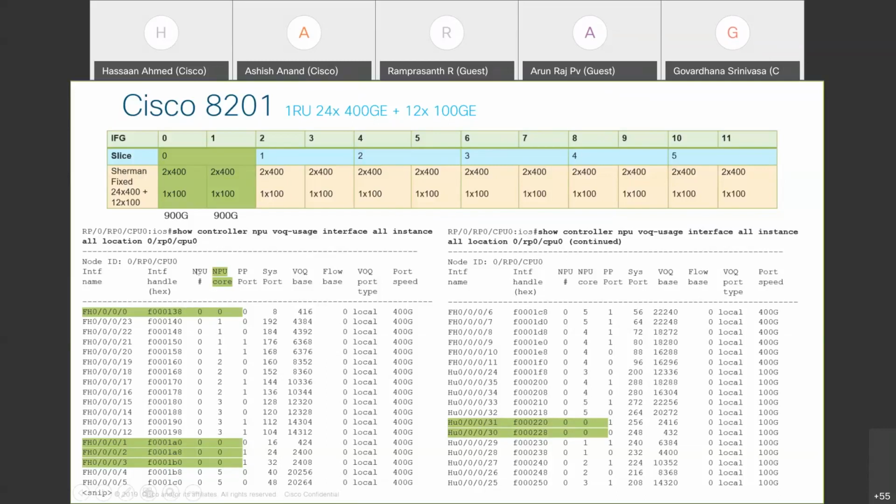Okay, so your NPU is 0, then NPU core is your slice, and the PP port is your interface group. So that is having 400, this is 1, 2. Now this one and this one are 400 gigs, which are part of, this 0 is of slice 0.